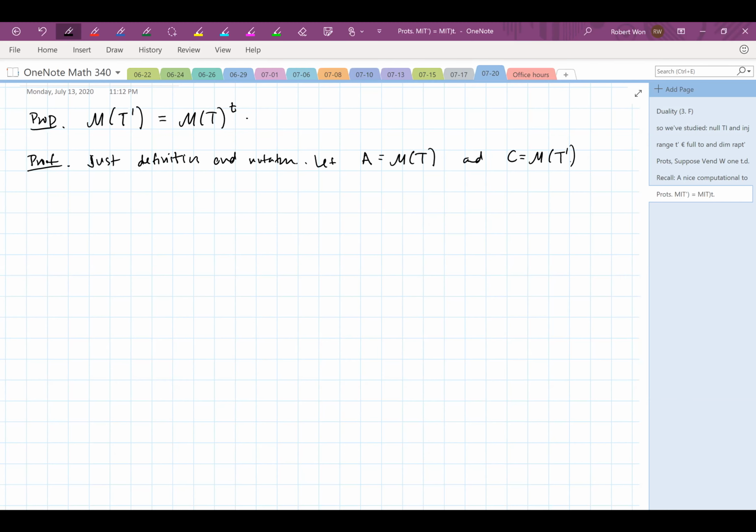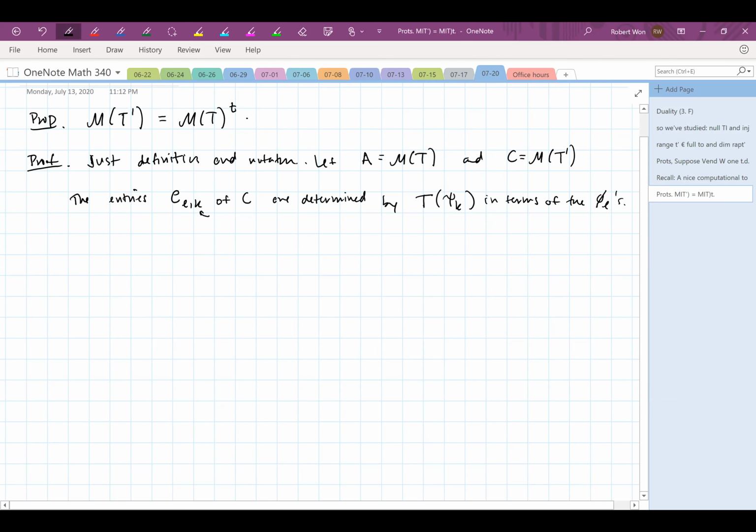Well, the entries, let's call them C_LK of C, are determined by T of the psi k's in terms of the phi l's, because this index denotes the columns.